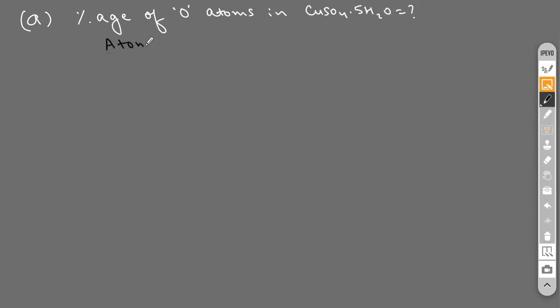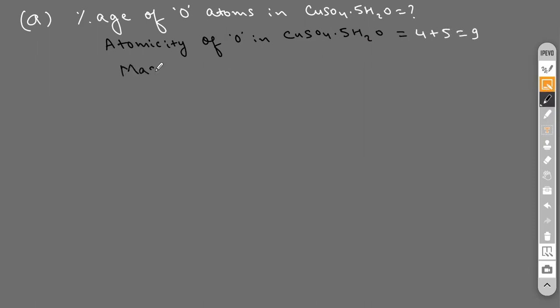Now we'll solve part A. We have to find the percentage of O atoms in CuSO4.5H2O. Right, so we'll first write the atomicity of O in CuSO4.5H2O. The number of O atoms here is 4 plus 5, which is basically 9.